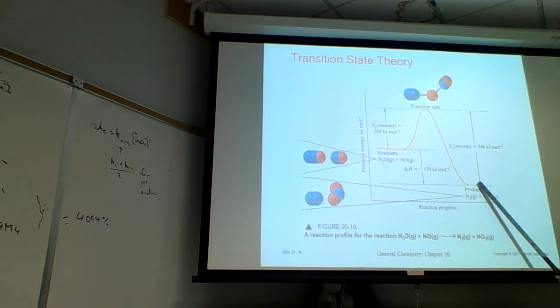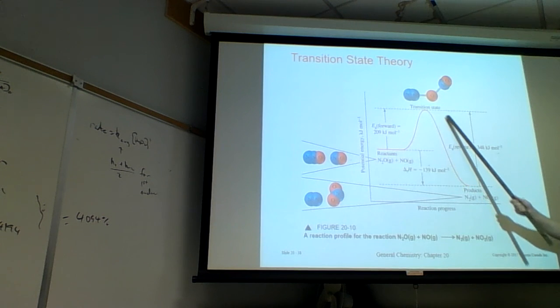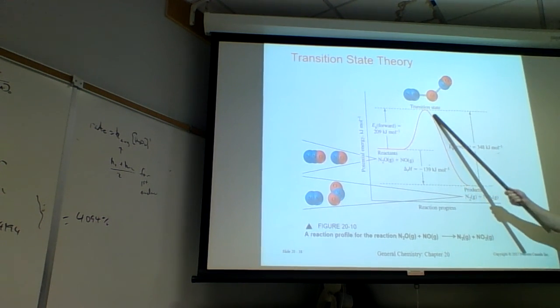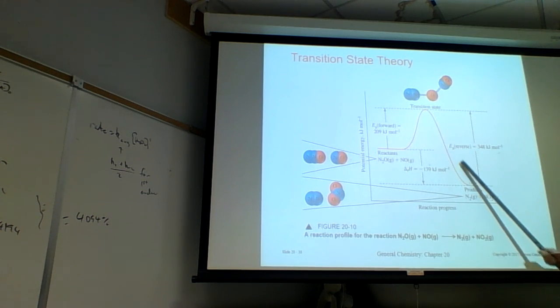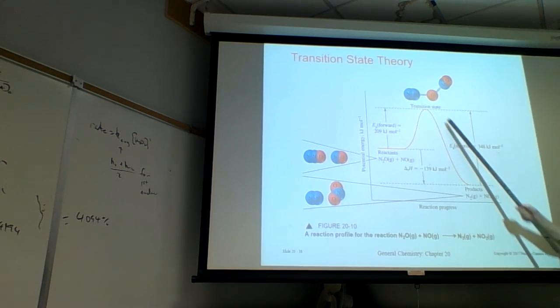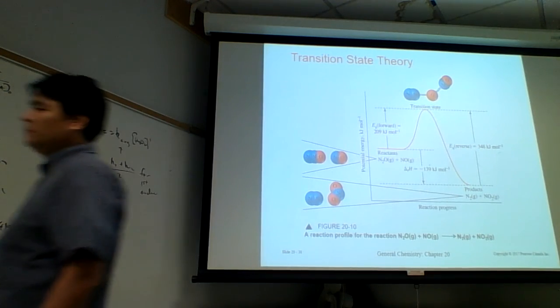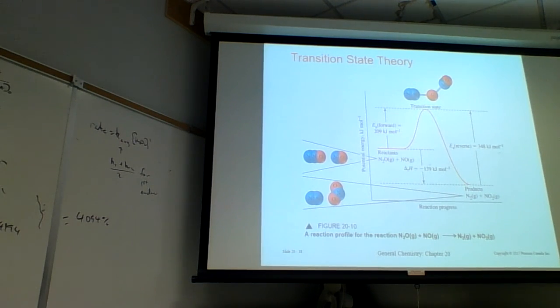This reaction is not so easy to reverse because to reverse this we have to climb this big hill, which is 348. So the activation barrier in the reverse is really tough to encounter. This one's a lot easier. Okay, we're out of time, so we'll continue with the theory next time.